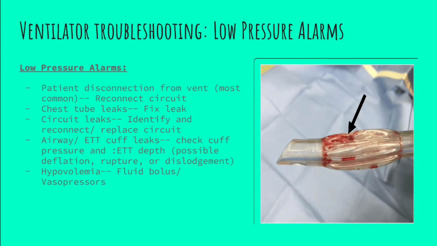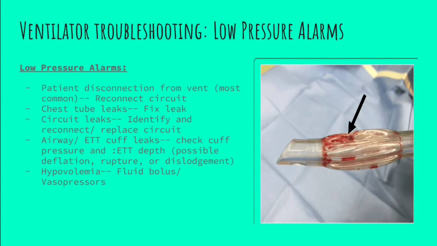If your endotracheal tube ends up with a leak in the cuff, that cuff will deflate, and that will certainly cause you to get low pressure alarms, because there's not as tight of a seal, so that pressure is going to be reduced. So always check your cuffs before you intubate somebody.